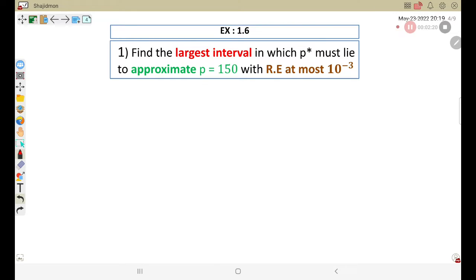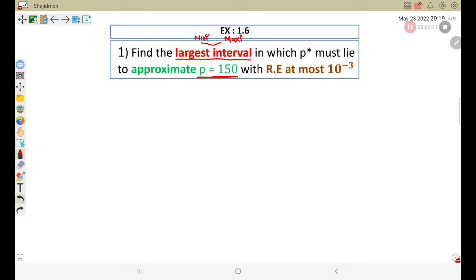Exercise 1.6: find the largest interval. Just underline that phrase: find the largest interval in which p star must lie. Largest interval means we need to write the p star minimum and p star maximum in which p star must lie to approximate the number 150.